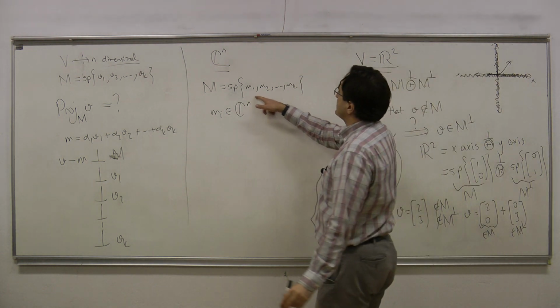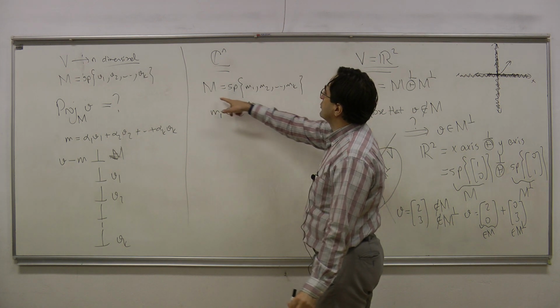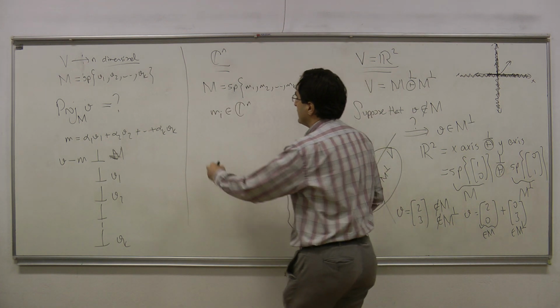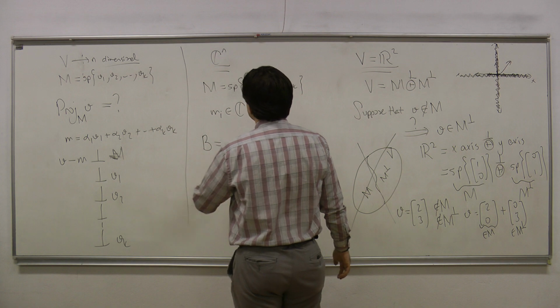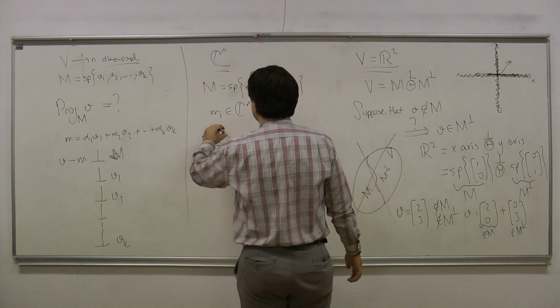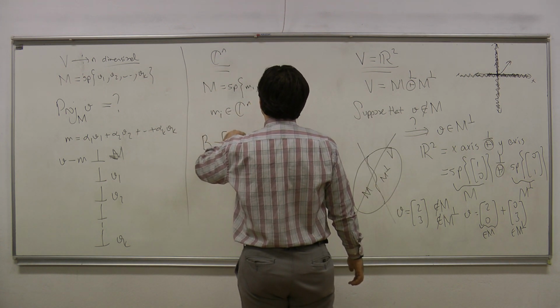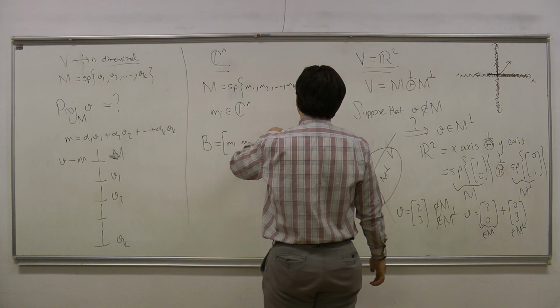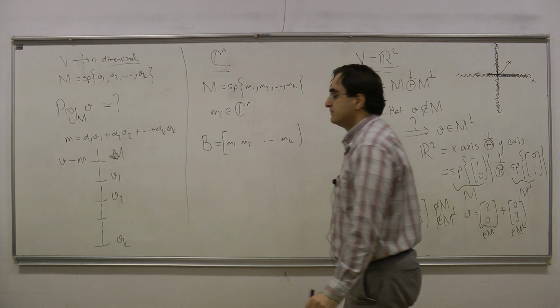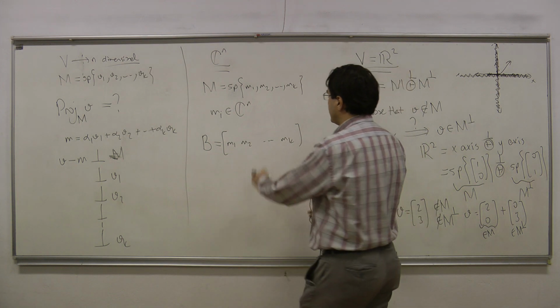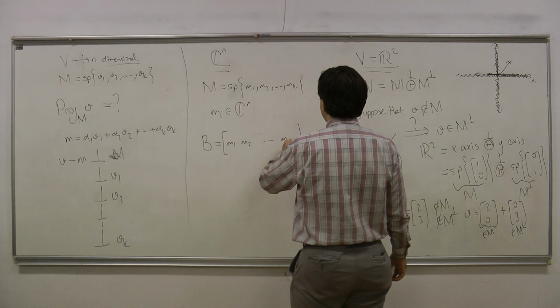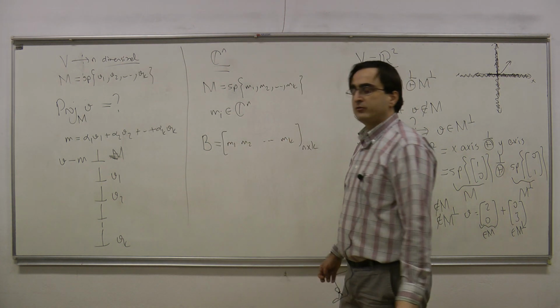And when these vectors are the basis vectors of our subspace, then I can fill these basis vectors into a matrix B, m1, m2, going until mk. Okay? This is, in that case, an n by k matrix.